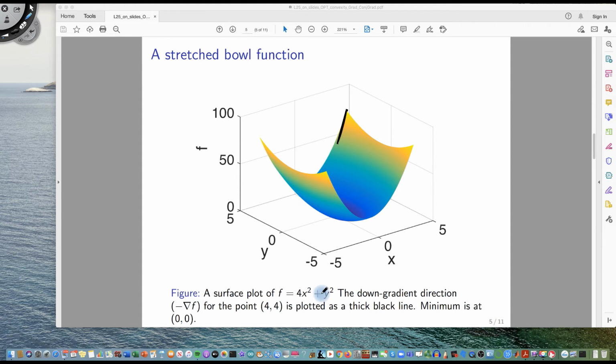It's got 4x squared plus y squared. So again, we're still going to use gradient. And you probably start to see that actually this time, with this example, we're not going straight to the minimum. So we're going to have to do a series of steps to navigate in. Okay, so that's where we're going.